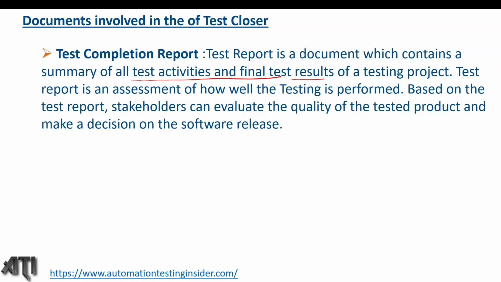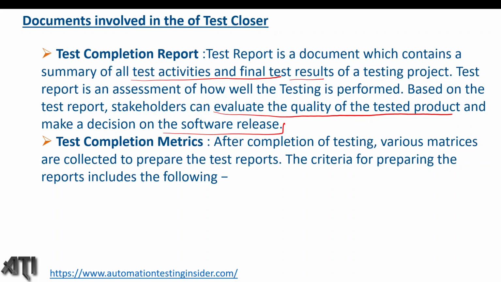Based on the test report, stakeholders can evaluate the quality of the tested product and make a decision on the software release. All the documents we provide to the client at the end of the testing phase are very important to evaluate the quality of our testing.